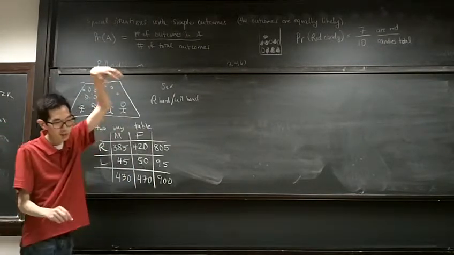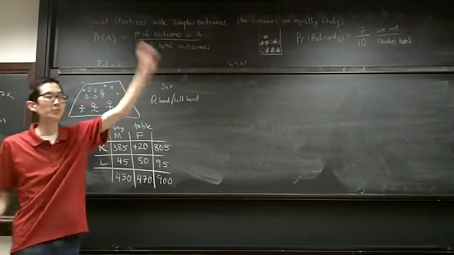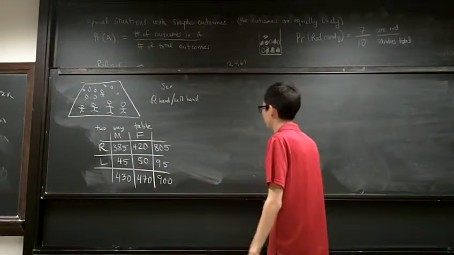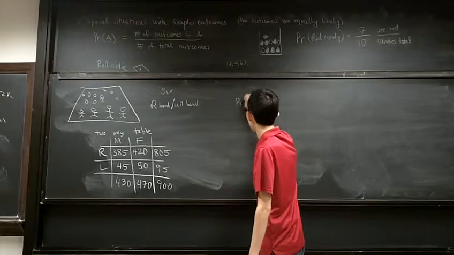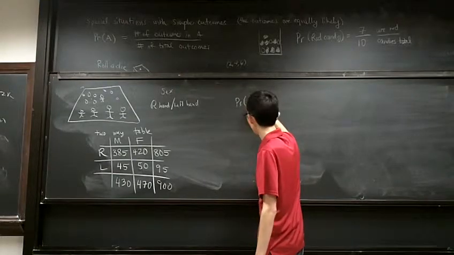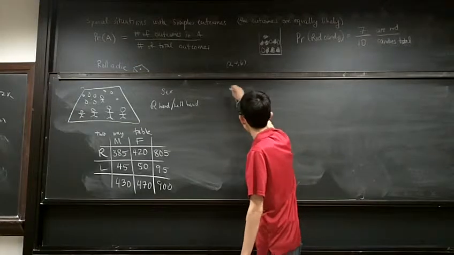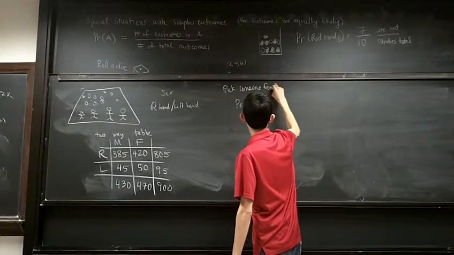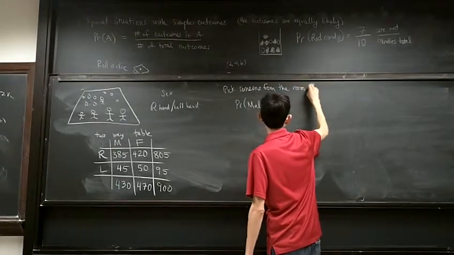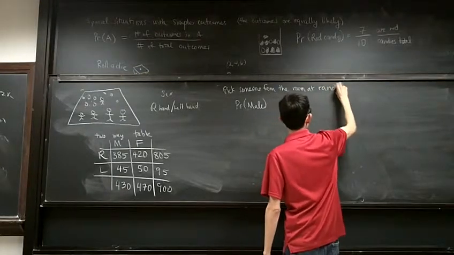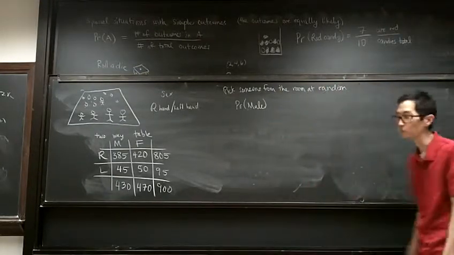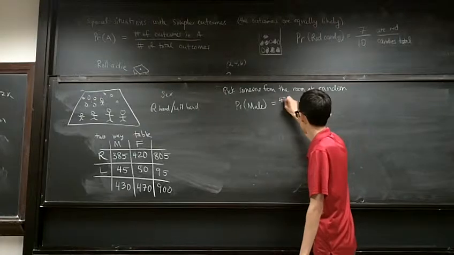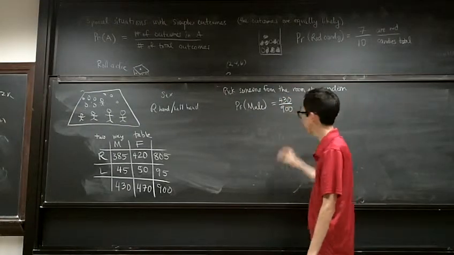If I have a giant claw machine, or let's say I just pick people out of this room at random, what is the probability that I get someone who is male? So I pick someone at random from the room. What is the probability that this person is male? 430 out of 900.